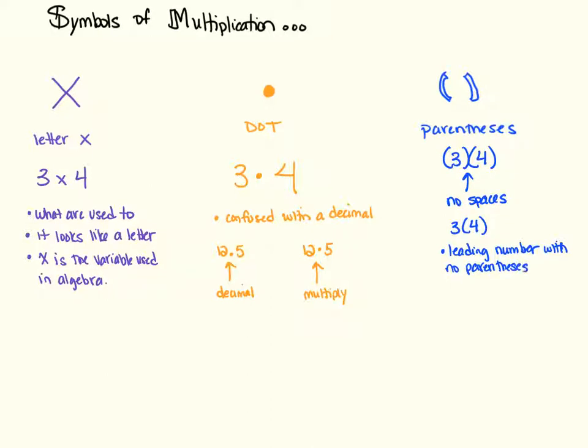And more importantly, there's no space in between. Okay, so the 3 is right up against the set of parentheses that contains the 4. So this means multiplication. This is most common in high school. So we need to get used to that way, okay? Let's keep moving on.